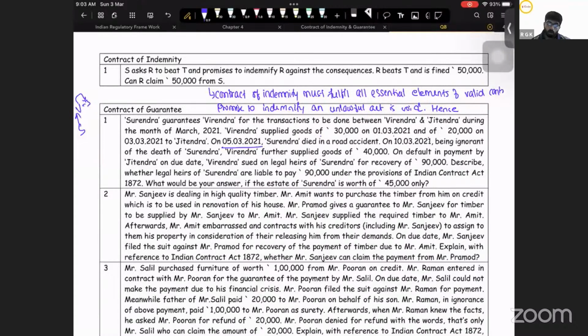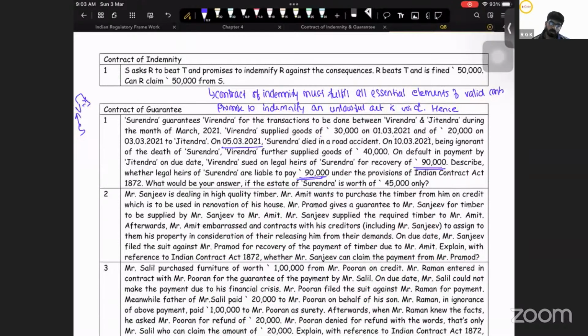On default in payment by Jitendra on the due date, Virendra sued the legal heirs of Surendra for recovery of 90,000 rupees. 90,000 because 30 plus 20 plus 40. Describe whether legal heirs of Surendra are liable to pay 90,000 under the provisions of the Indian Contract Act.